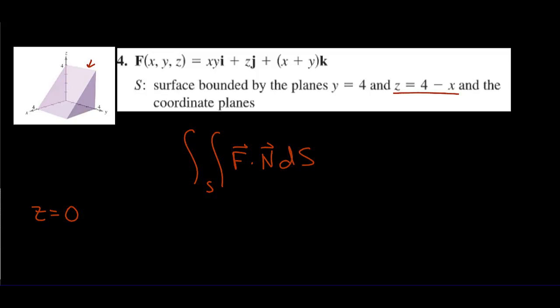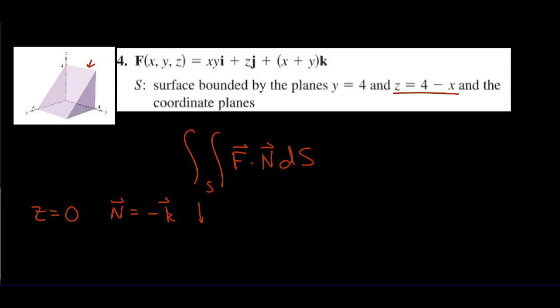The normal vector would just be negative k. So if z equals 0, we need a vector that's going straight down, and you can see that would be n equals negative k.